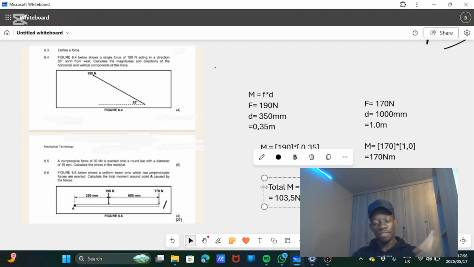The distance from the center of the nut to where the force is applied is the moment arm. The key points are: a longer spanner gives more moment for the same force. A higher moment helps in tightening or loosening a stubborn bolt.